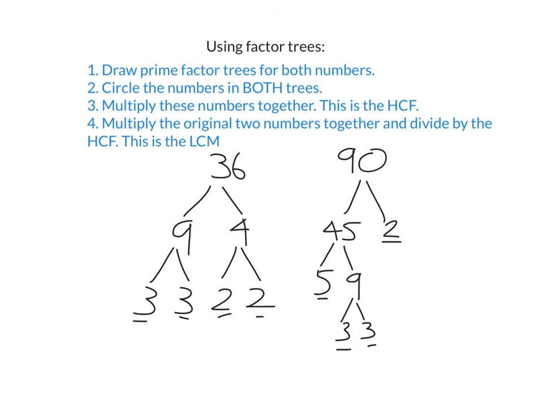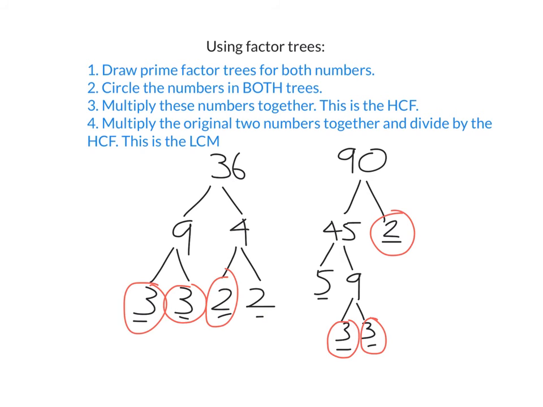Step 2 says I need to circle what's in both trees, what's common. I can see that there are 2 3s in both, so I can circle these in both trees. Now, there is a 2 in each tree. This tree, however, only has 1 2, whereas this has 2. So I only circle one of the 2s, because 2 2s, which is like 4, is not common in both trees.